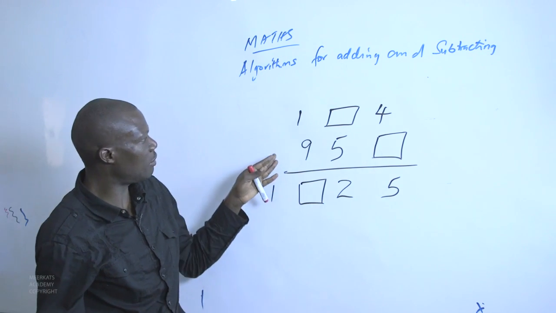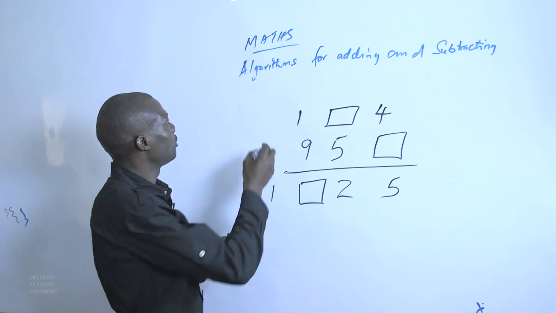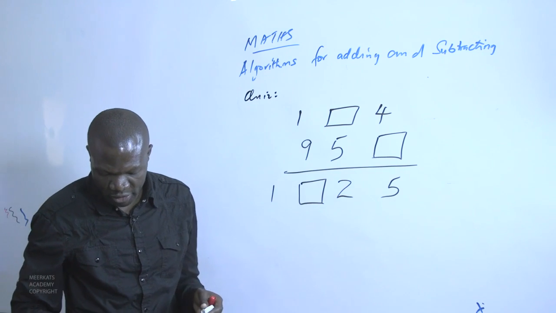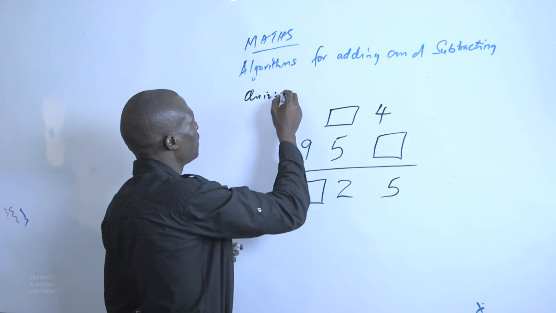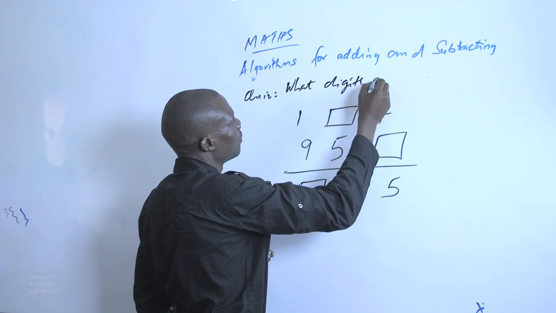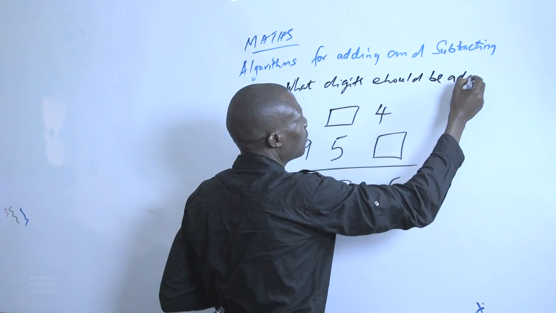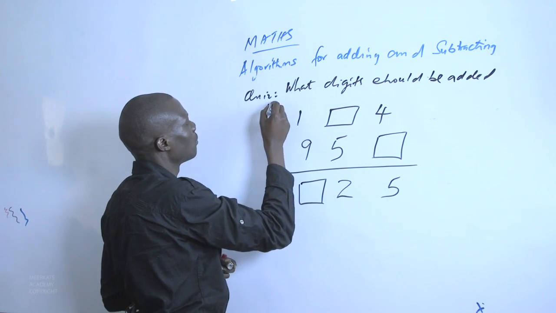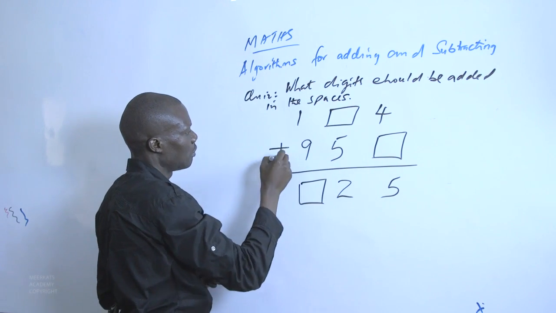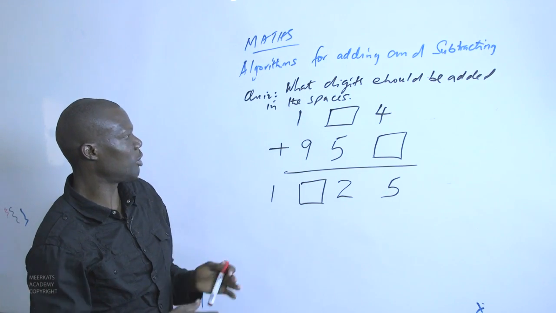We have a question here, and let's find out what digits should be added in the spaces.